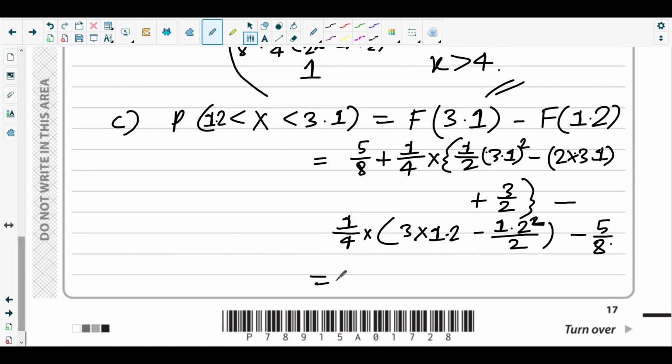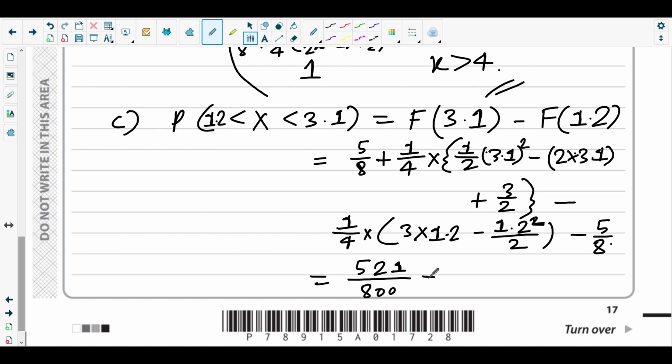At first, half of x squared minus twice x plus 1.5. We put x equals 3.1, so it gives 21/200 times 1/4, which is 21/800, plus 5/8, so this is 521/800.